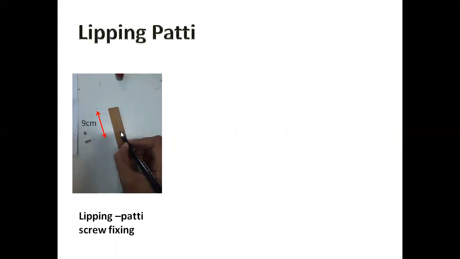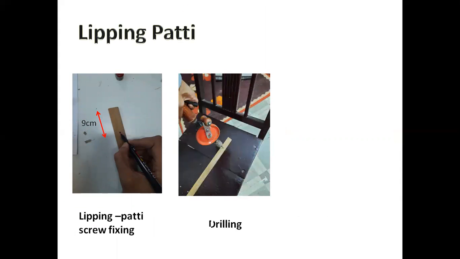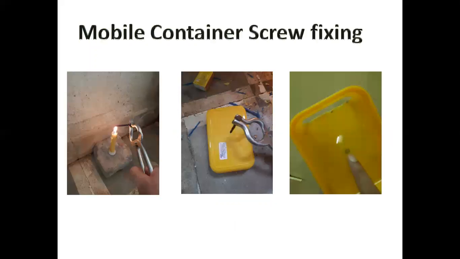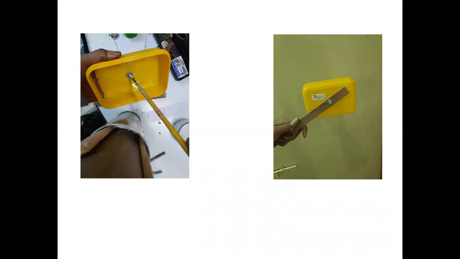So to fix it on lipping putty, I had to drill a hole for fixing the screw. The drilling was done, finishing touch. And again, the container is to be fixed on lipping putty. So I need a hole here, which is again obtained from the heat treatment. And this is how the lipping putty and container were fixed together.